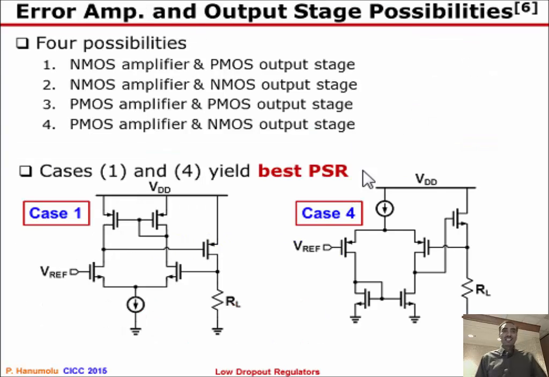Okay, so now if you want to choose your error amplifier and output pass stage, obviously based on the discussion we had so far, there are essentially 4 possibilities that I have listed here. But for best PSR, there are 2 good cases.